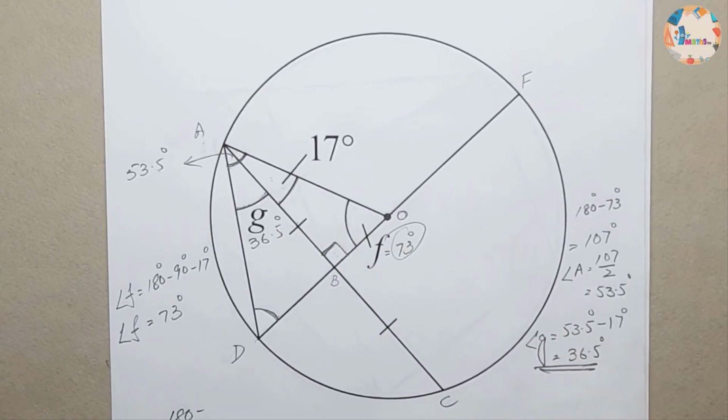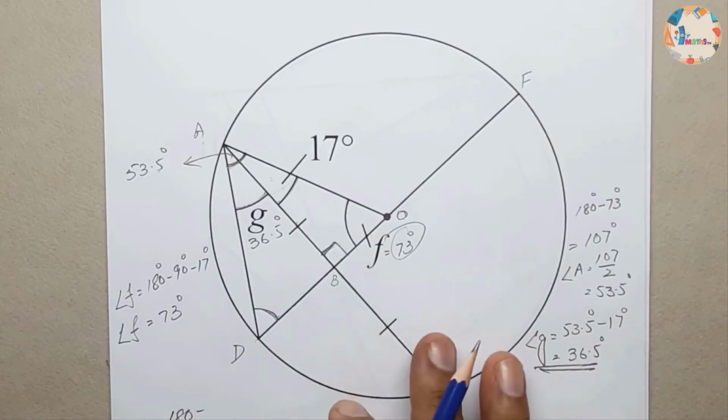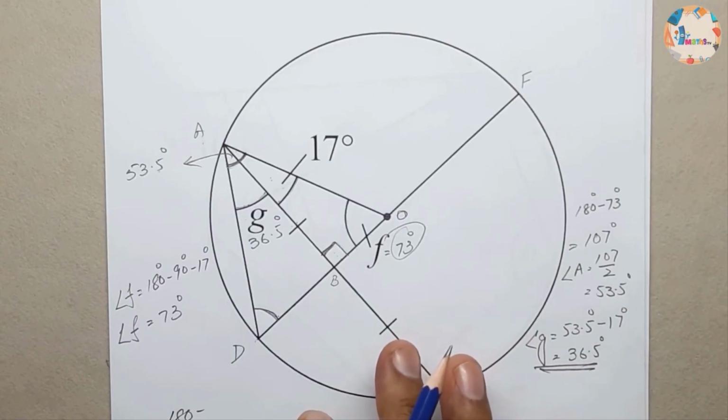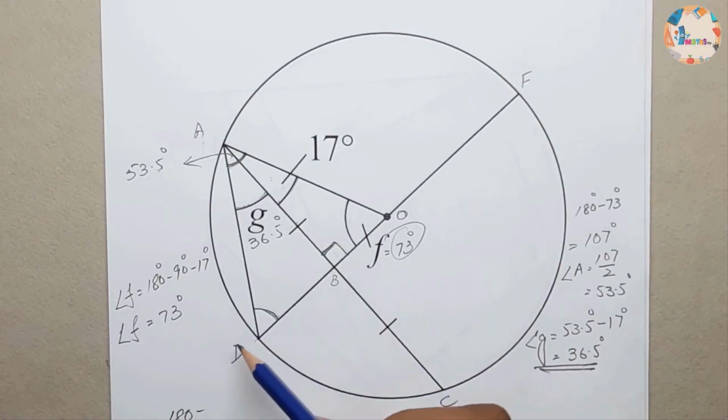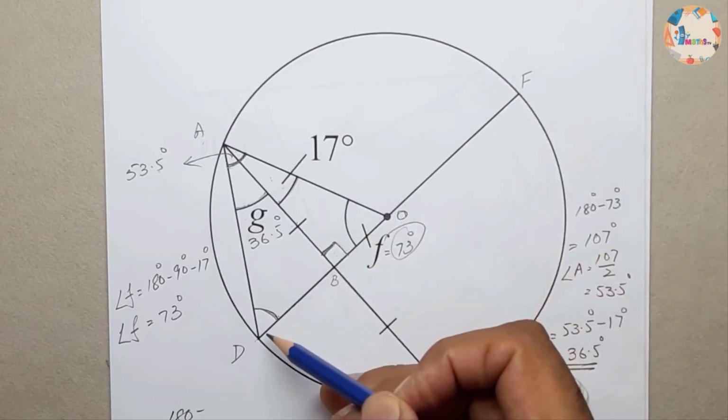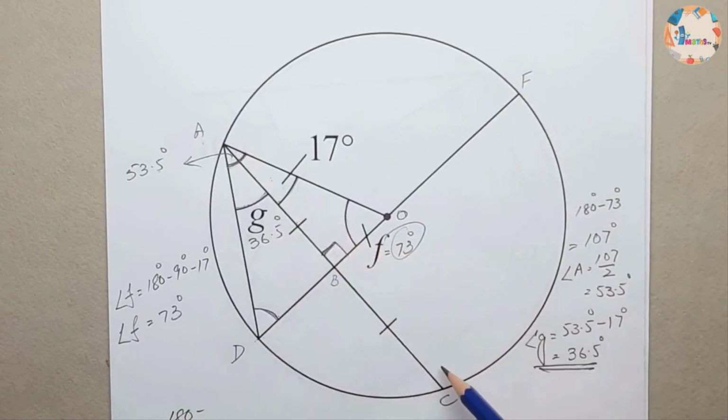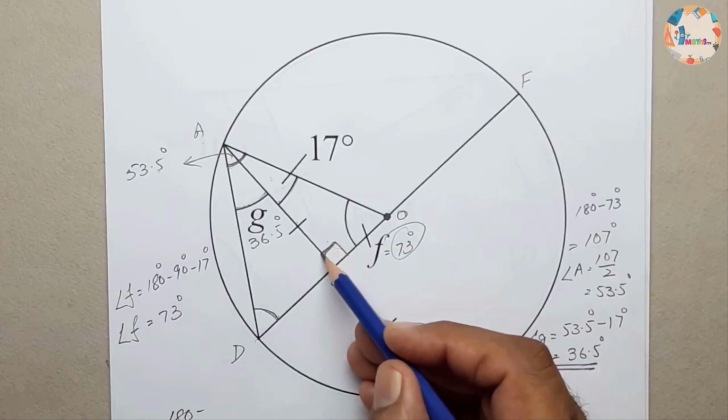So we have used two rules in this diagram. In an exam, if you see this diagram, think about the two rules. The first rule we have gone through is that a diameter bisecting this chord, which is AC, makes an angle of 90 degrees.